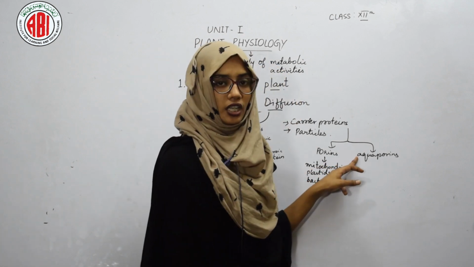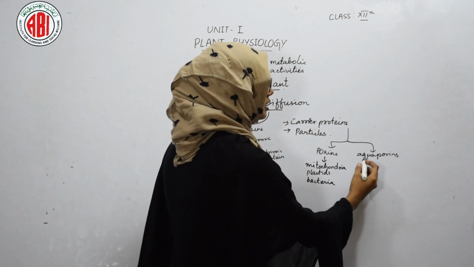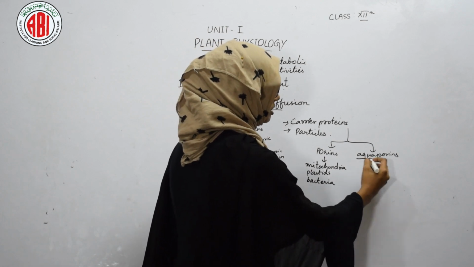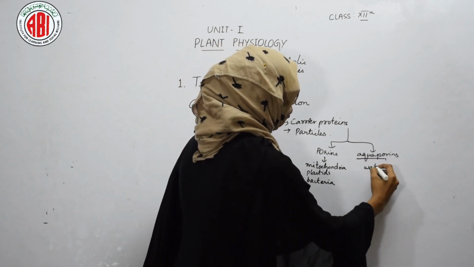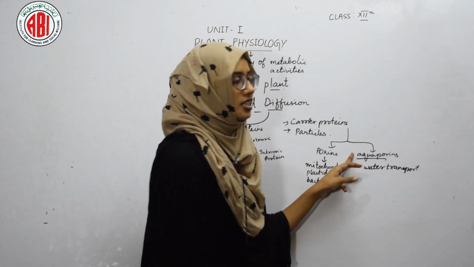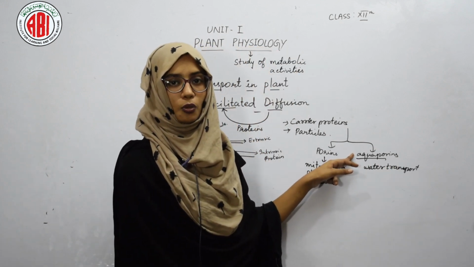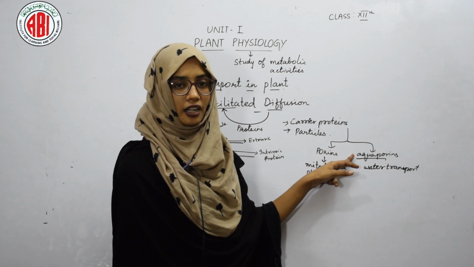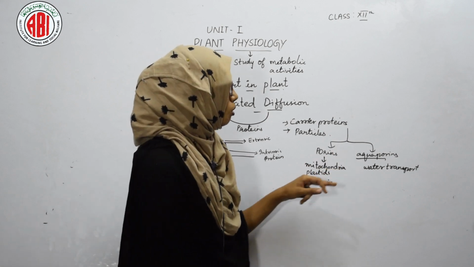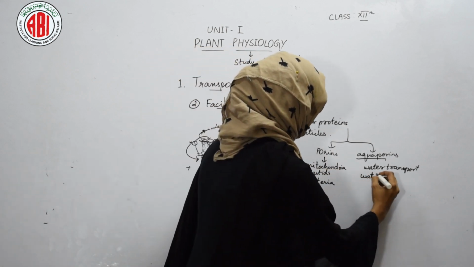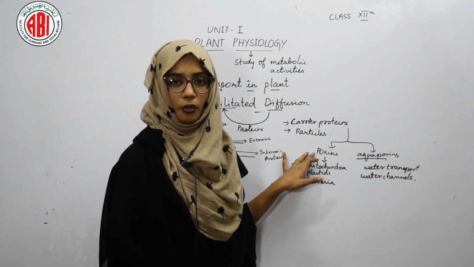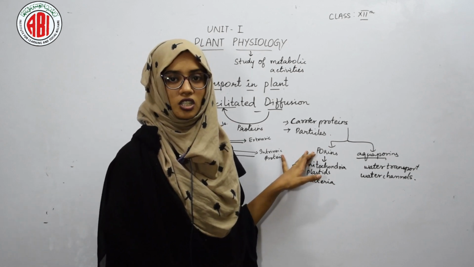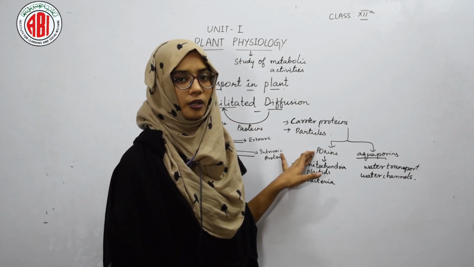The next protein is aquaporins. As the name itself suggests, it helps in water transport. As the aquaporins help in transporting water into the plant body, they are also called water channels. So these are the carrier proteins which help the substances to move into the cell from the outside.